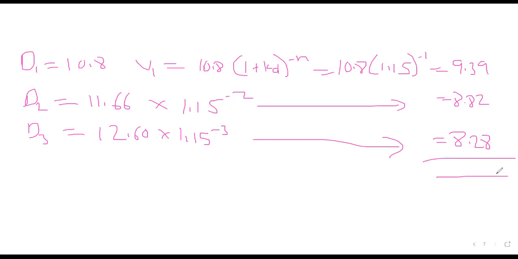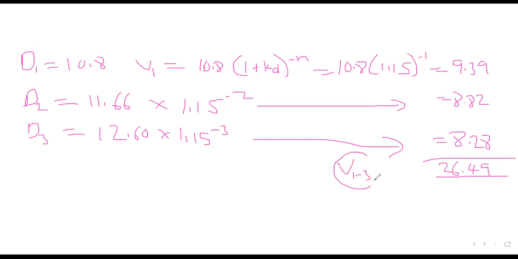So 9.39 plus 8.82 plus 8.28 will give us 26.49. So this is the value of stock from year 1 to 3.